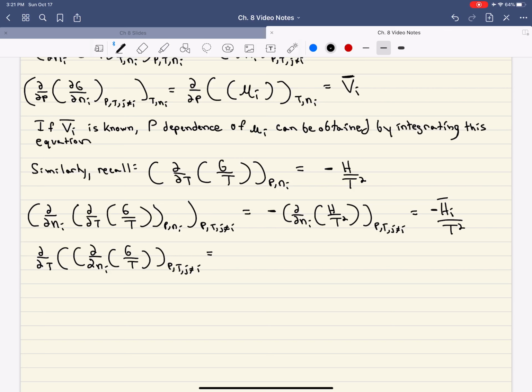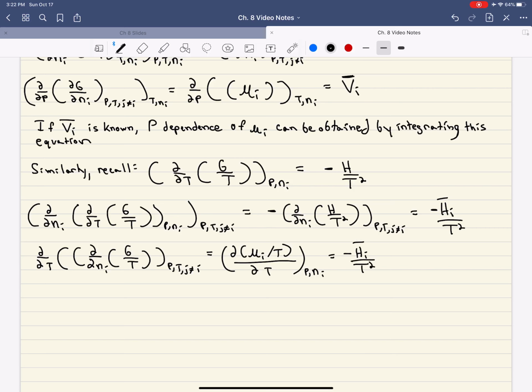Doing so, once again, this is at constant T, so we can pull that out, and we would get dG/dNi, which is just the chemical potential. So what we have is d(mu_i/T)/dT at constant P and Nj is equal to negative Hi over T squared.